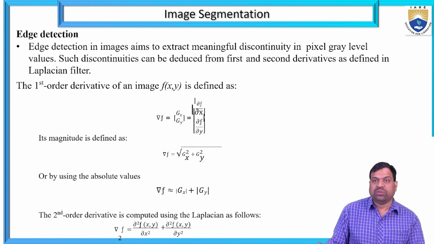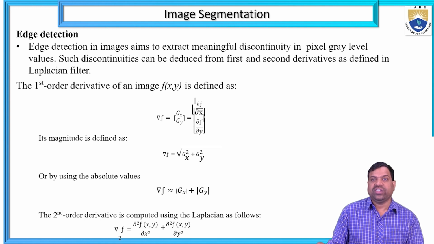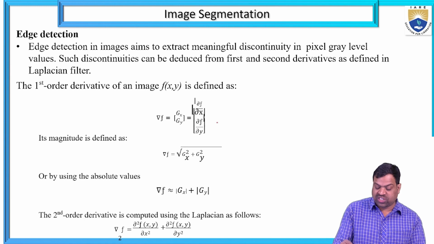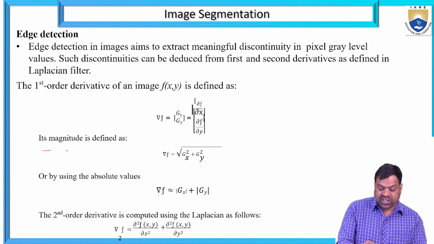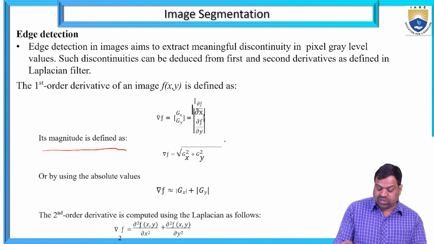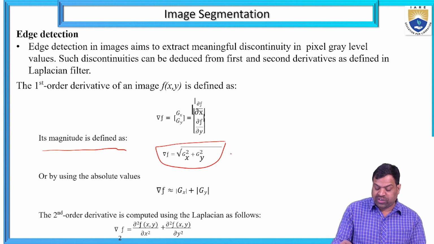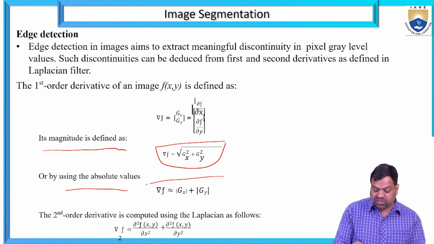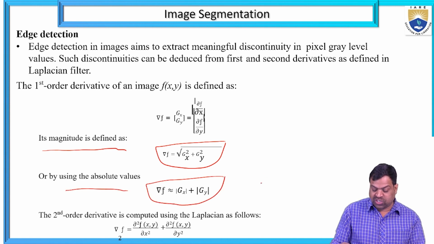Such discontinuities can be detected from first and second derivatives, as defined in the Laplacian filter. The first order derivative of an image f(x,y) is defined as ∇f = [gx, gy] = [∂f/∂x, ∂f/∂y], and the magnitude is ∇f = square root of (gx² + gy²). Using absolute values, ∇f ≈ |gx| + |gy|.